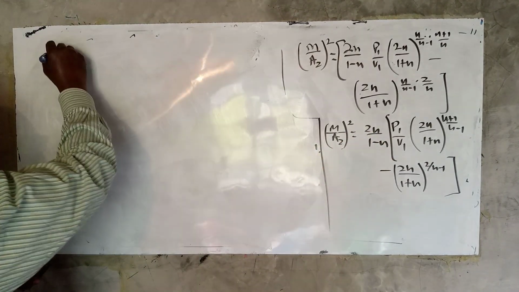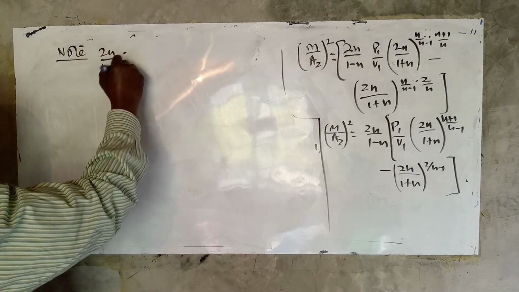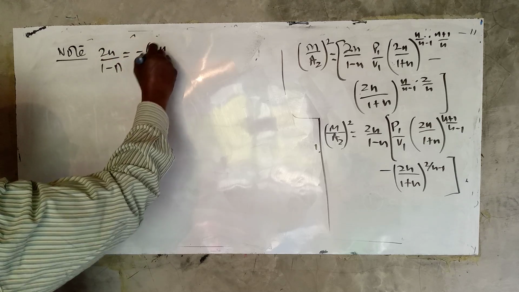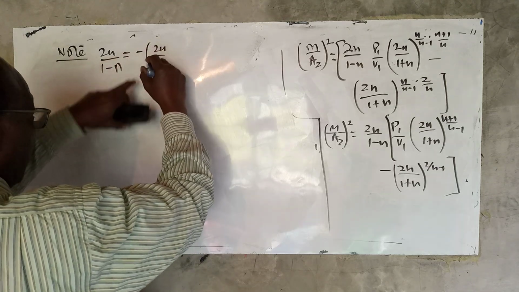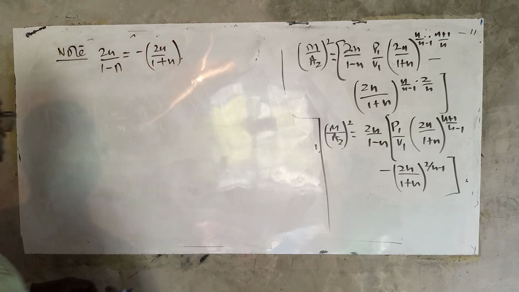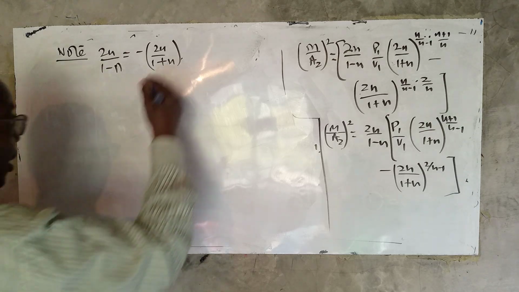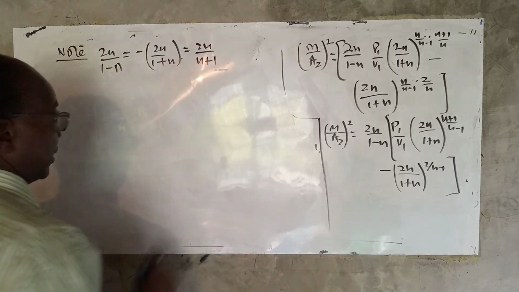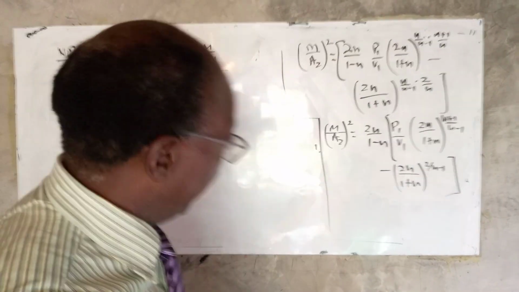So just note that 2n over 1 minus n is equal to minus... if you multiply by a negative sign, minus 1 plus n, that quantity will be plus, which, if you rearrange, you see is 2n over n plus 1. 1 plus n is n plus 1. There's no difference between the two, so don't get confused over that.